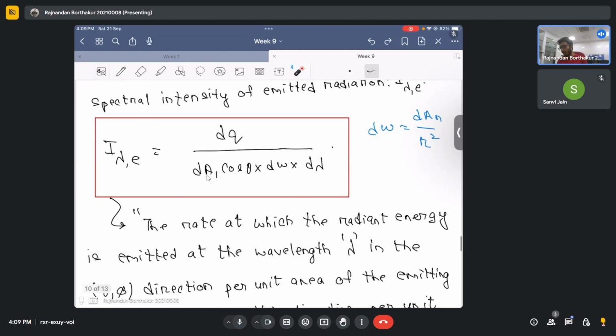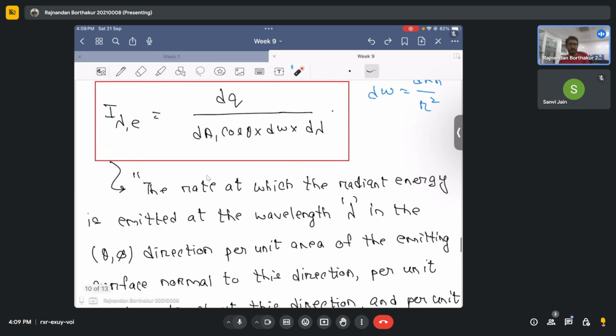To repeat, the intensity of radiation is the radiant energy emitted from a surface having area dA1 in the direction normal to this surface, which is why cos theta comes into the picture, per unit solid angle per unit wavelength, about the wavelength interval d lambda. This is how the intensity of radiation is defined.